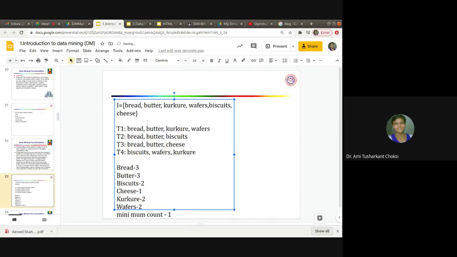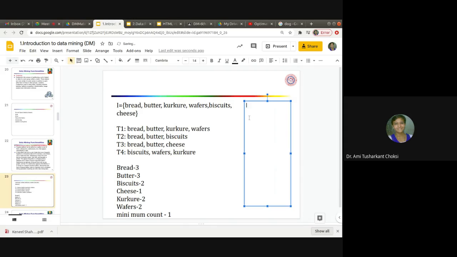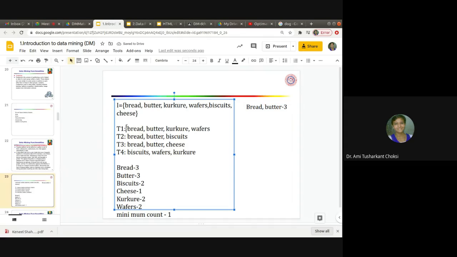They are available together. So let me write here bread and butter, right? So they are available thrice, but not separately. They are available thrice together, right? You can see that here. Bread and butter together, bread and butter together.